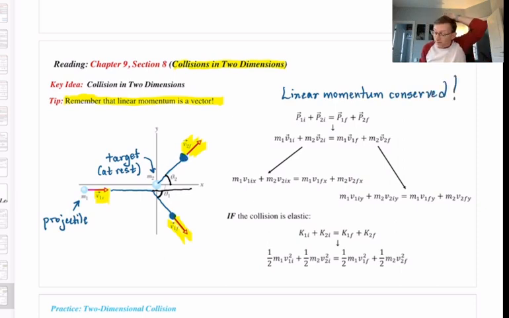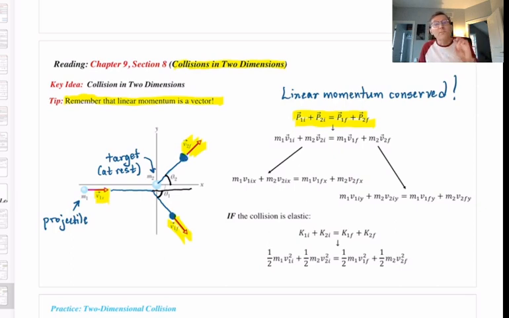And we just apply it now. So I've started by writing that idea with symbols. Big P1 initial plus big P2 initial must equal big P1 final plus big P2 final. Big P, because it's a system of more than one particle. It's two particles. Arrows on top of all the capital P's because linear momentum is a vector.